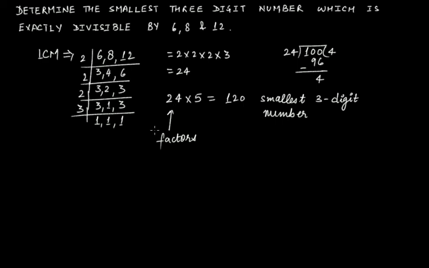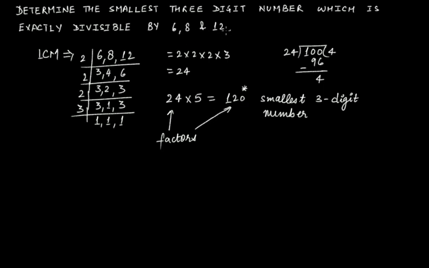Because 24 is the least common multiple of these numbers, and since 24 is a factor of 120, I'm repeating again, 6, 8, 12 are factors of 24, 24 is a factor of 120, therefore 6, 8 and 12 are factors of 120 also. So 120 will be that smallest three-digit number that will be exactly divisible by 6, 8 and 12.